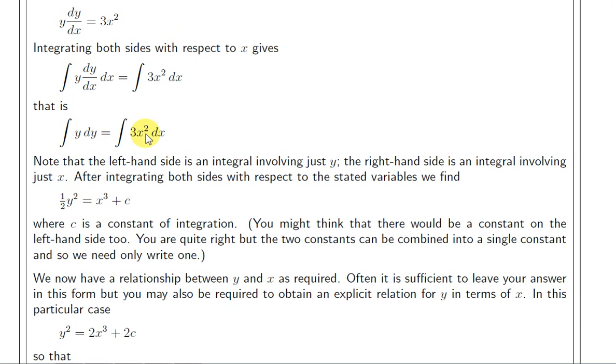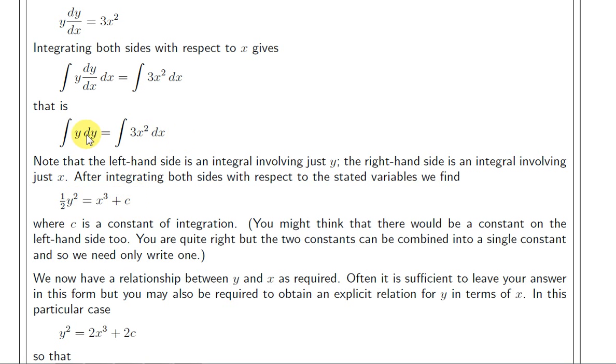If we integrate 3x squared with respect to x, we add 1 to the power, so we get 3 thirds x cubed, or just x cubed, and we have the constant of integration. Now we imagine taking the constant of integration on the left hand side, bringing it over to the right hand side and combining it with the constant of integration there, and we call the result plus c.